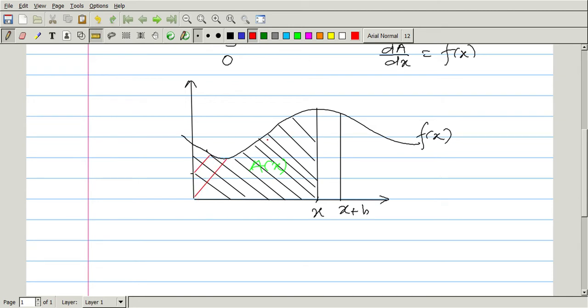We'll say that is the area to the left of x plus h, so A of x plus h. Somebody has already posted a proof for this. Maybe I'm following more or less the same path, but I'll do the improvement at the last stage, which according to me is easy. So the red shaded portion is called A of x plus h.